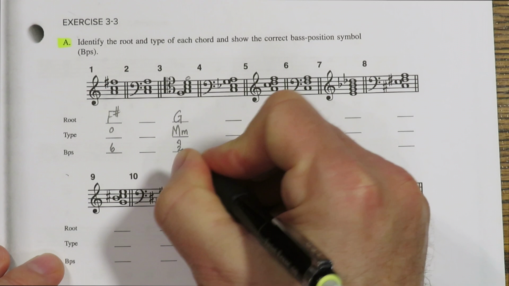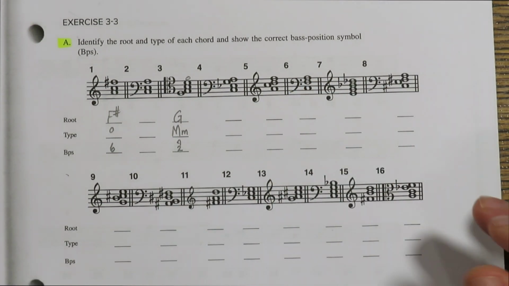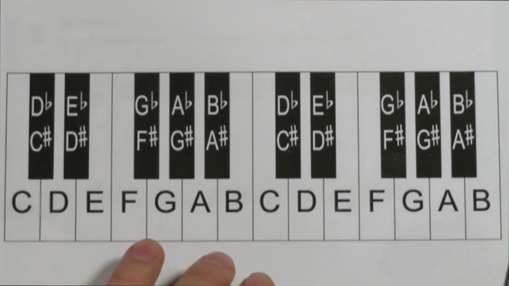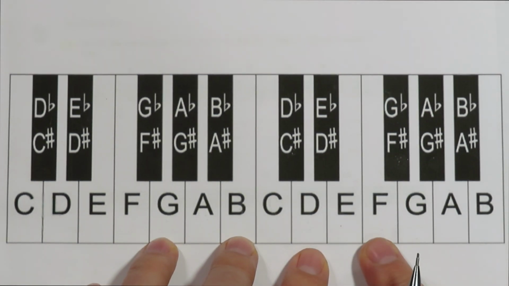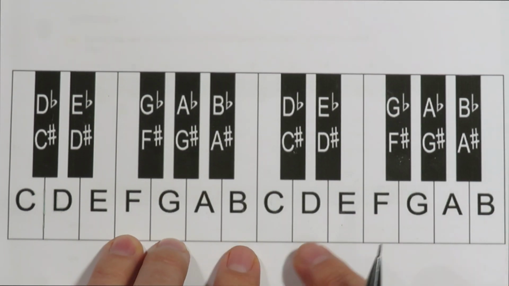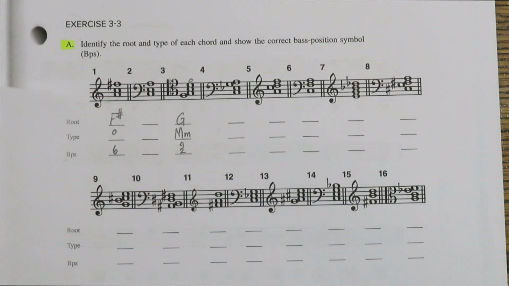So just to look at that again, G, B, D, F, root position. Now if we bring the F down here, that would be third inversion.